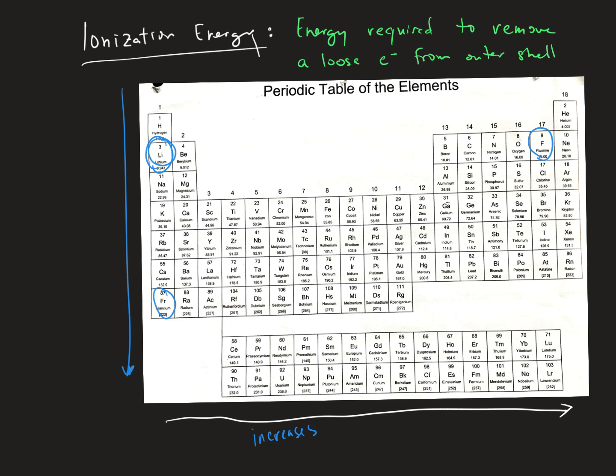Easy to take off because it's not even close to it. But if you have lithium, and here's an electron, oh, it's really close. It's going to take more energy to take that one off, right? You with me? So it decreases. The amount of energy it takes decreases as you go down. Does that make sense to everybody?